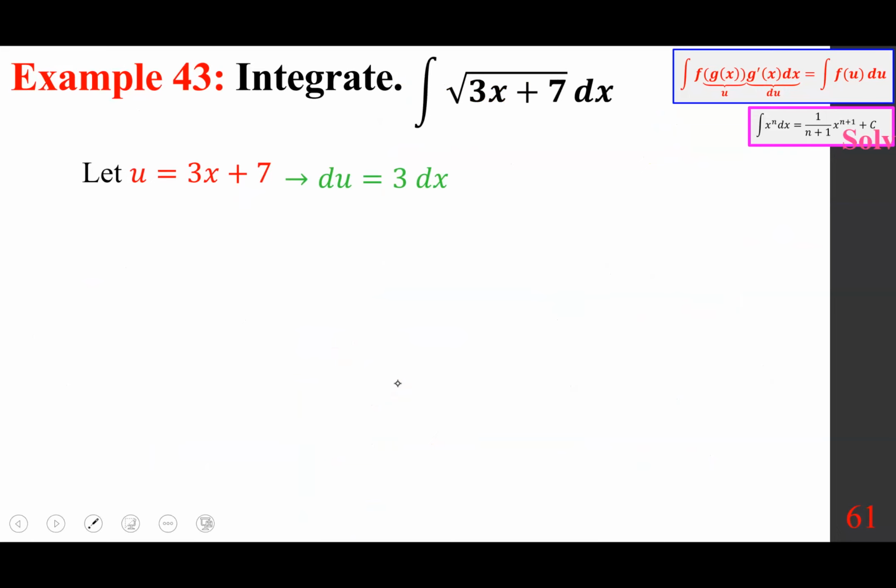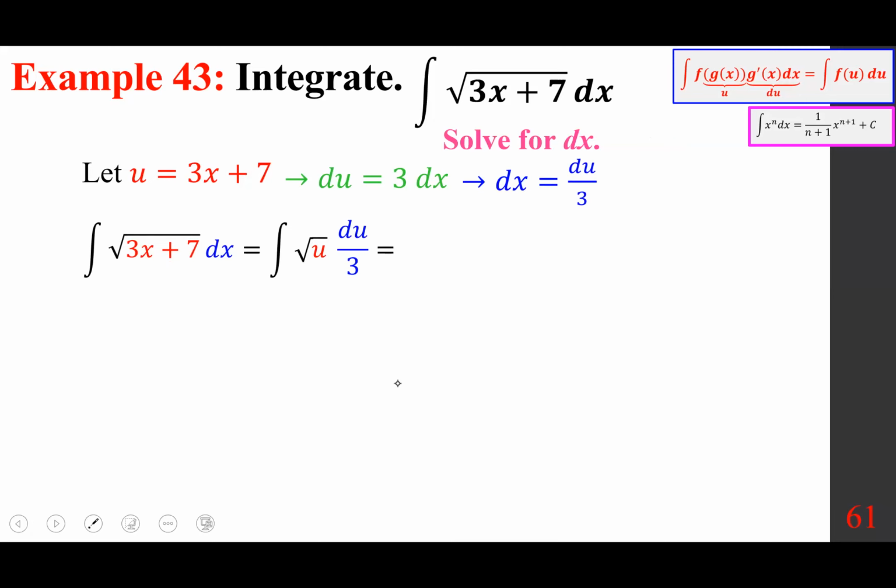If you solve for dx, you get dx equals du over 3. So the integral, 3x plus 7, we are going to replace it with u, and dx, we're going to replace it with du over 3.